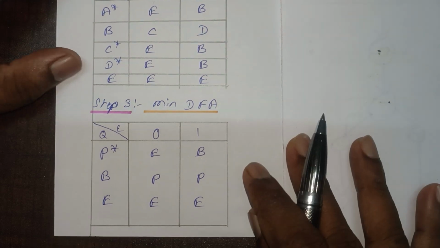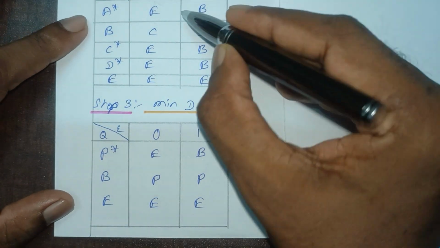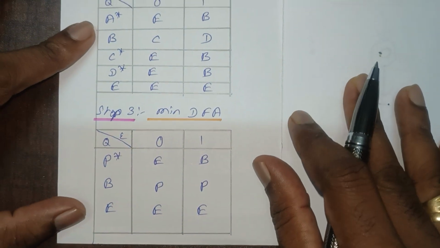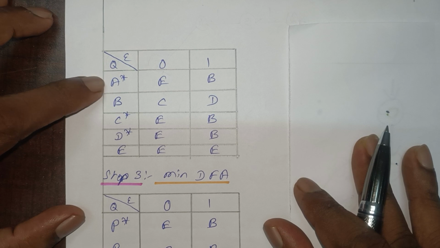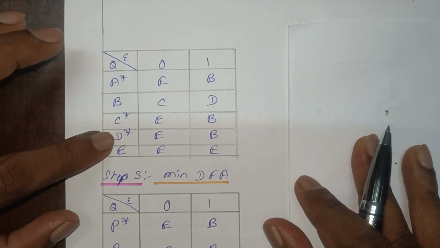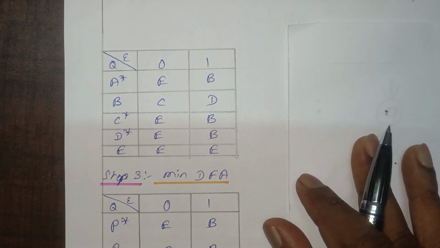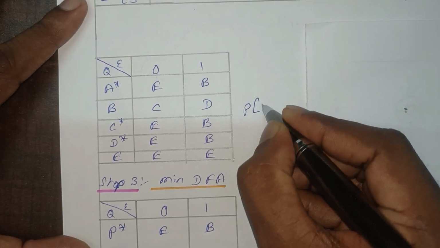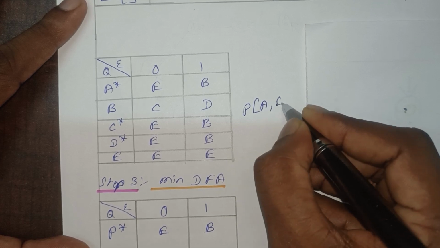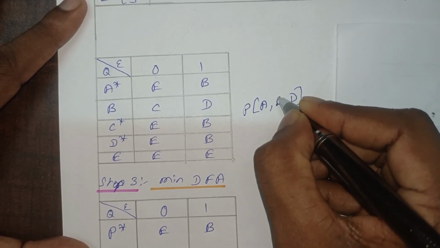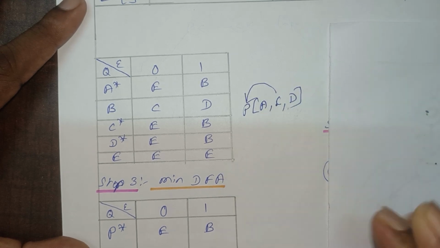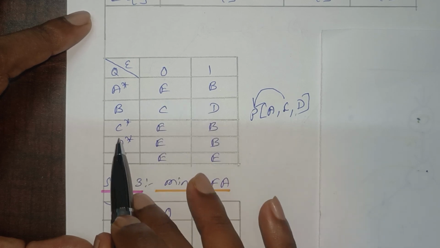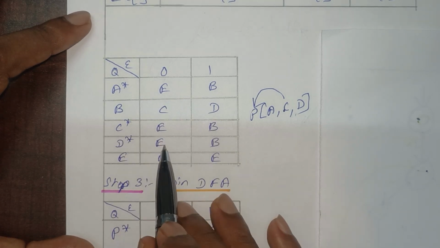Right. Now check. There are repeated states here. EB, EB, and here also EB. And also there is a coordination here. You can check it. All the end states A, C, and D can be rewritten, can be given one specific name, like say for example P of A, C, D. So all this ACD can be replaced with P, because A has EB, C also has EB and D also has EB.